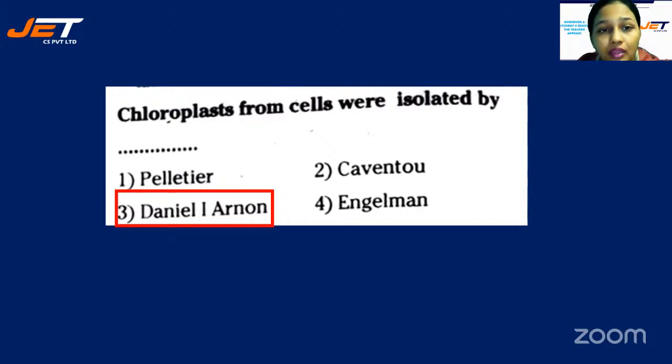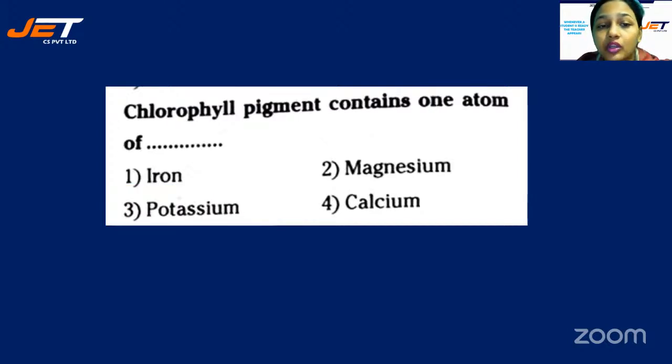Okay, next question. Chlorophyll pigment contains one atom of dash, and your options are number 1 iron, number 2 magnesium, number 3 potassium, or number 4 calcium.